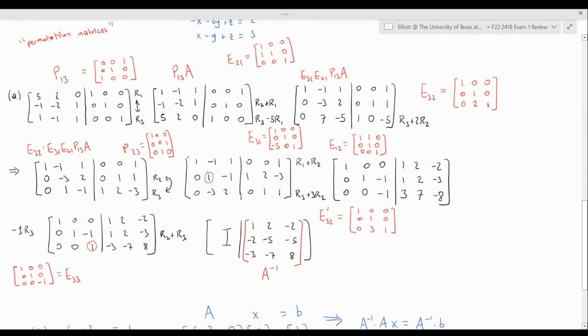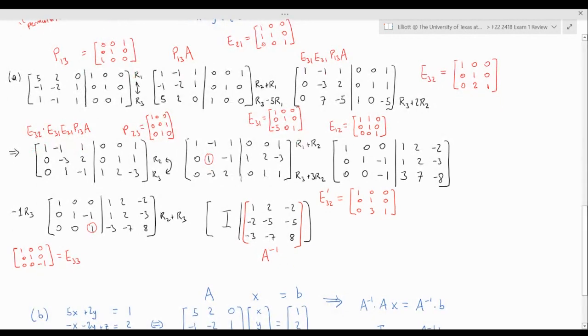Maybe I'll call this one E33, since this was affecting this 3-3 entry in particular, okay? And then lastly, this will give us a matrix E23. So we're adding 1 of row 3 to row 2. It's going to give us a 1 in the 2-3 position.